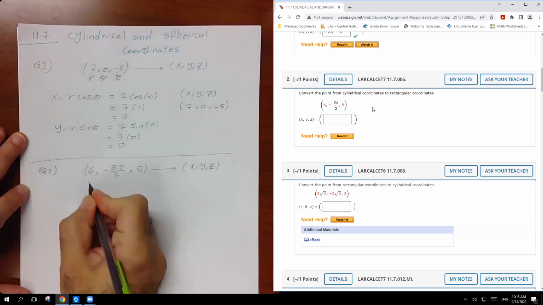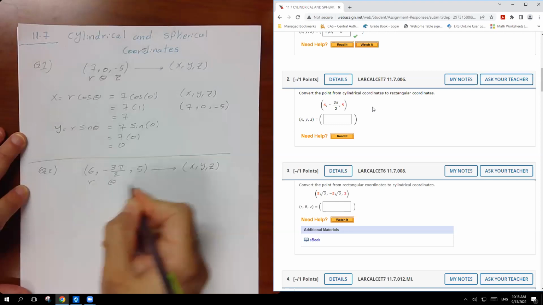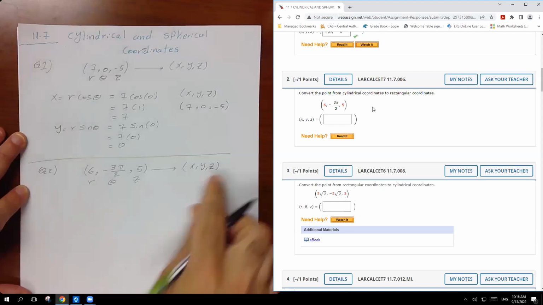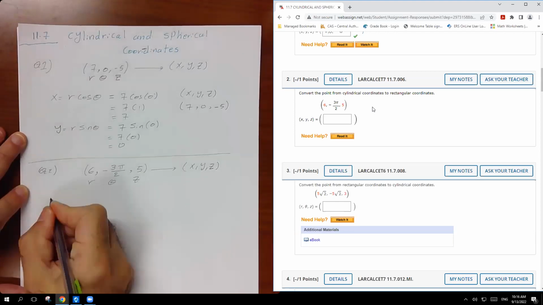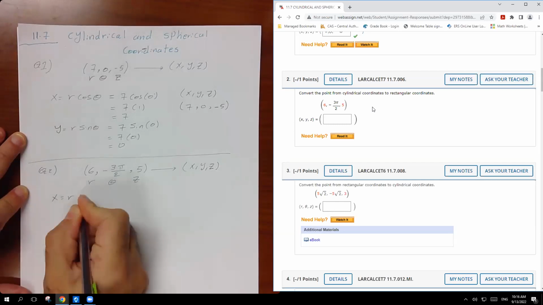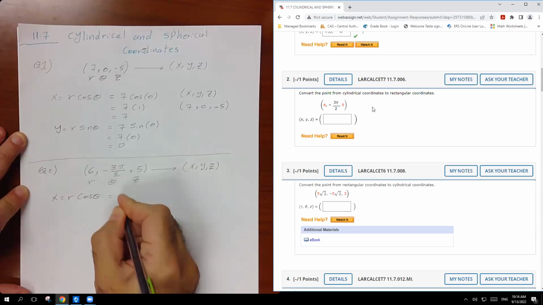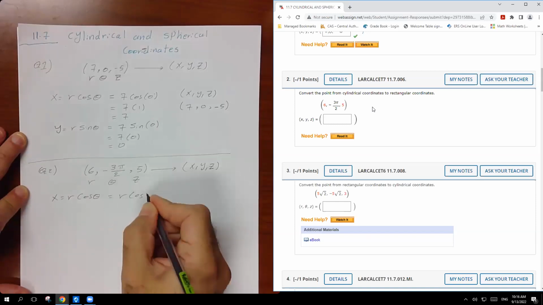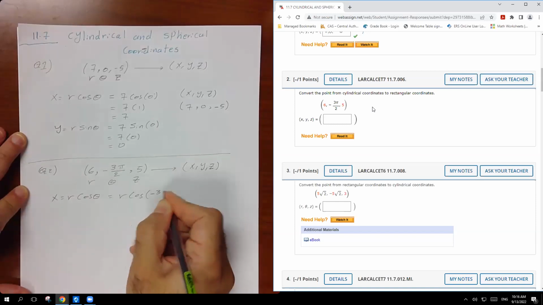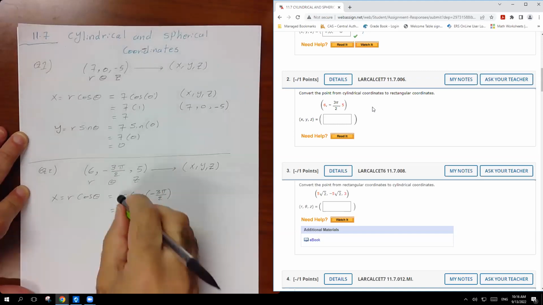So that means this is r, this is theta, and here is z. Z is going to be exactly the same one. We need to find x. X is going to be r cosine theta. Now it's going to be r cosine of -3 pi over 2, with r equal to 6.